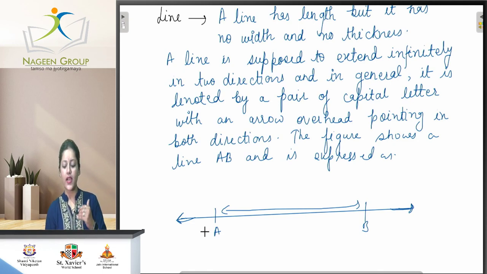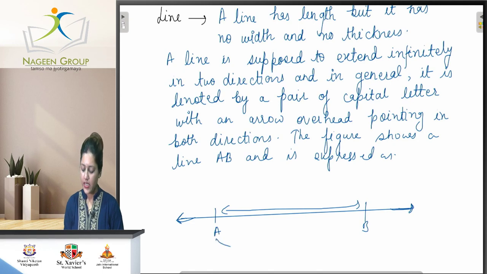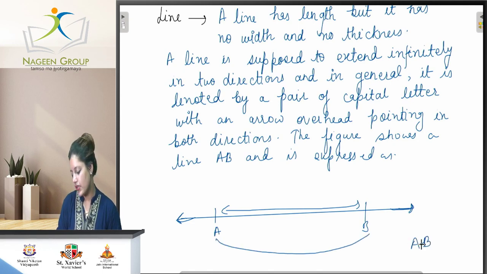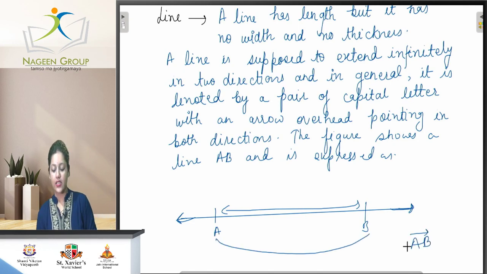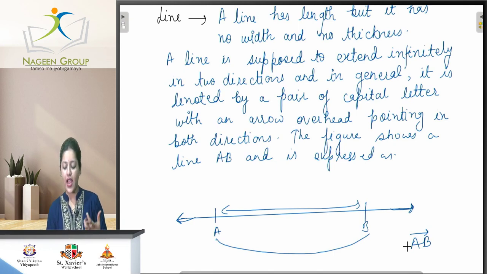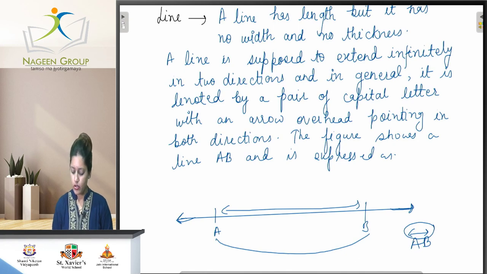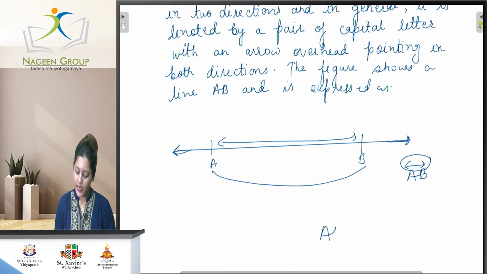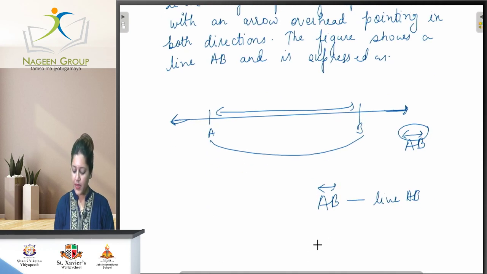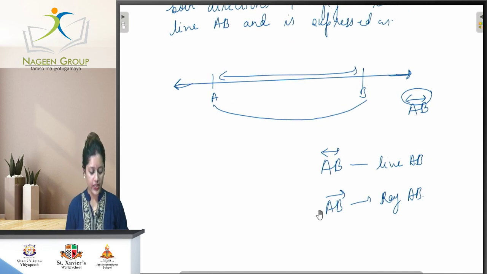It is denoted by a pair of capital letters, that is AB, and this one is made. Another way is by a capital letter with an arrow overhead pointing in both directions, this one. If we mention AB as this, then this one is line AB. But if we mention AB as this, then it becomes a ray AB. I hope you understand what I am telling you here.